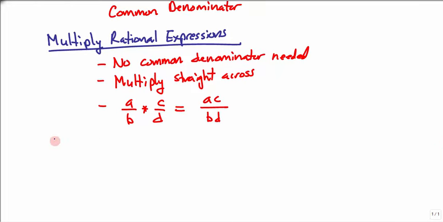Now when we divide rational expressions, there's one step I need to take, and then the rules are the same as they were for multiplication.